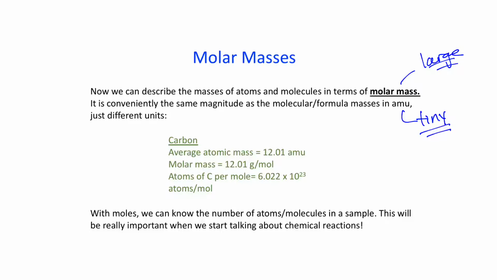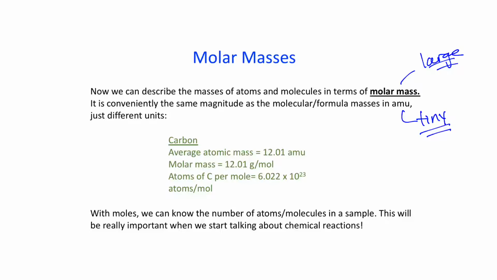And one last thing that I will note here is that our chemical formula, as well as telling us how many atoms of each type we have in our molecule, also represents how many moles of each atom we have in our molecule. So let's go back to our example of CO2.